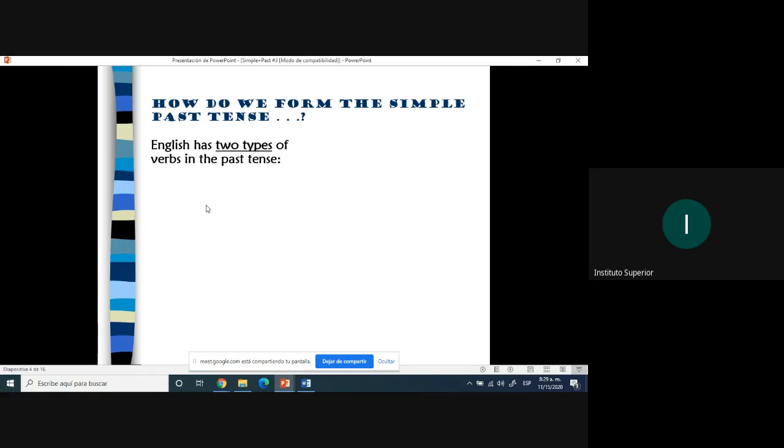Yes, it says English has 2 types of verbs in the simple past tense. ¿Verdad que sí? Sí, es que la vida no es así de fácil. Las cosas se complican a veces, ¿verdad que sí? Qué fácil fuera si el verbo cambiara así como quien se hace un make-up, right? No. English has 2 types of verbs in the past tense. A ver si los recuerdan. ¿Cuáles son?